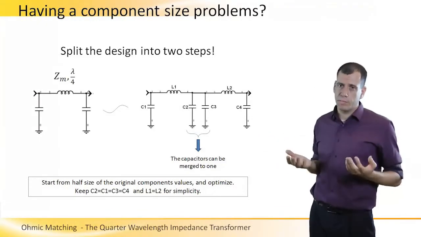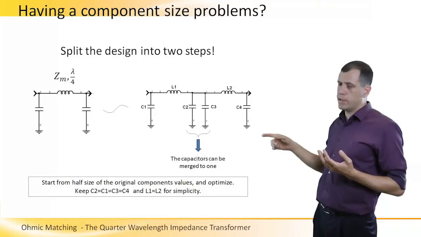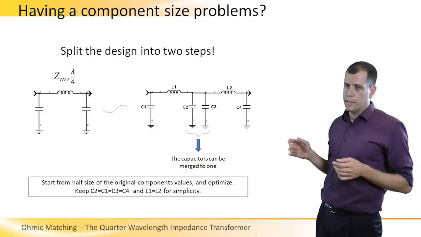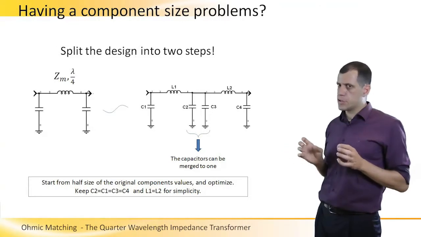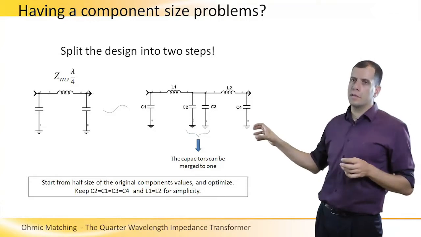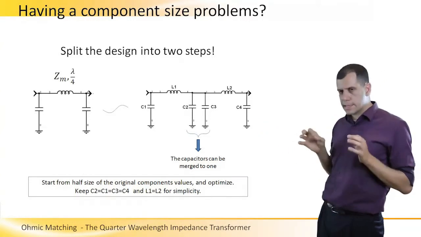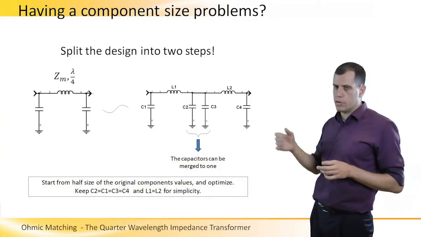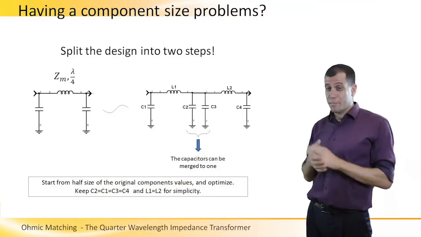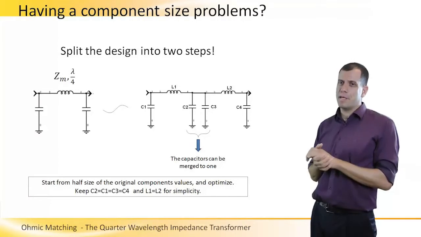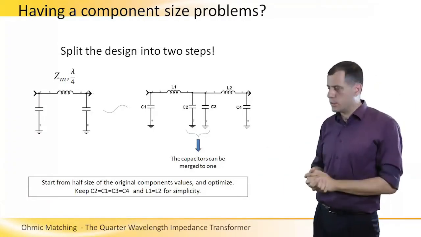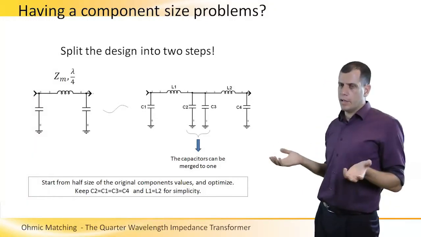But if you don't want to merge them, then C1, 2, 3, and 4 are equal. And L1 and L2 are equal as well. Do the optimization. This is very short and easy, and you will get a fifth order network that does the same matching as this third order network, but with much smaller components, much farther from the self-resonance frequency, much more convenient to work with, and here we have a solution.